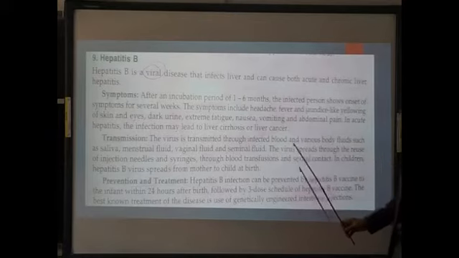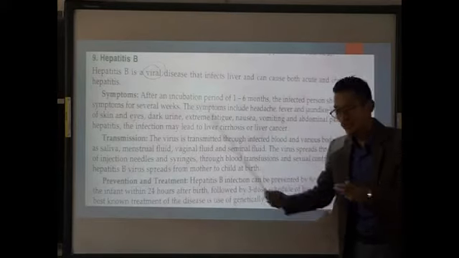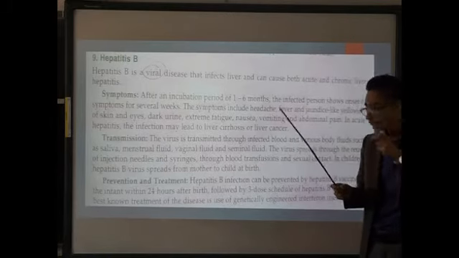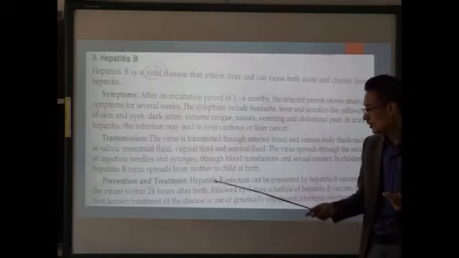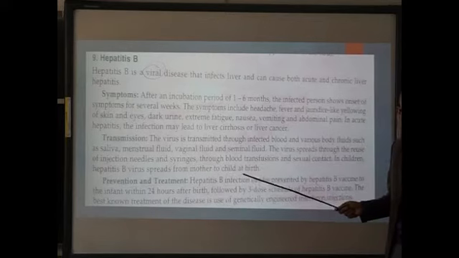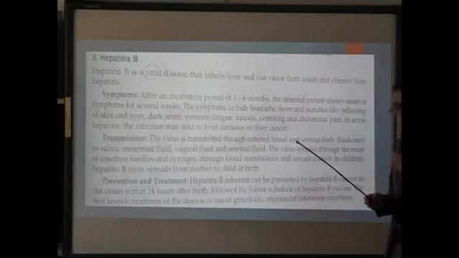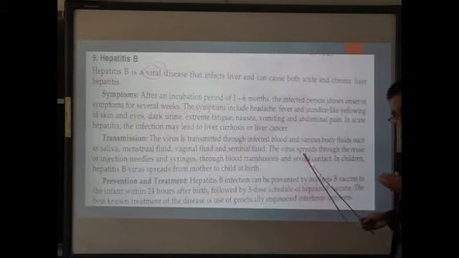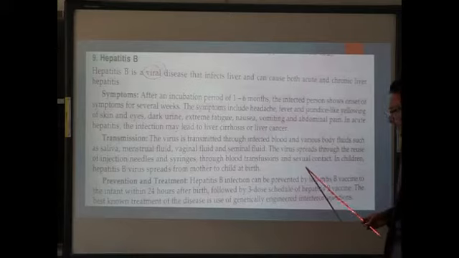The virus can be transmitted through the use of needles, the same needles used again and again between two individuals. Through blood transfusions, if the blood is infected and used for transfusion, the virus will be transmitted. And through sexual intercourse also, the virus can be transmitted.